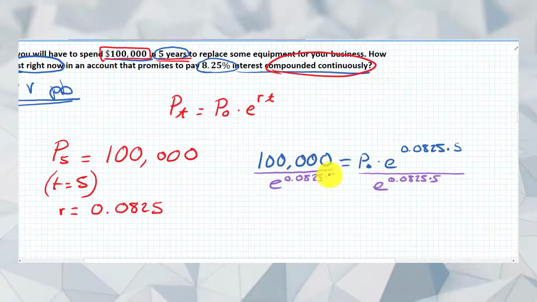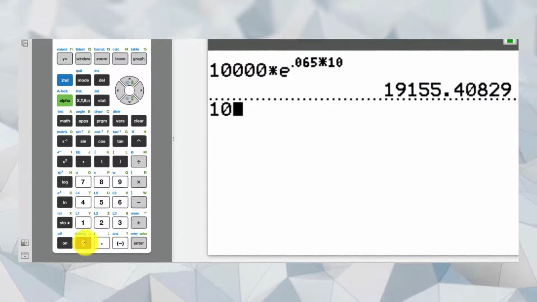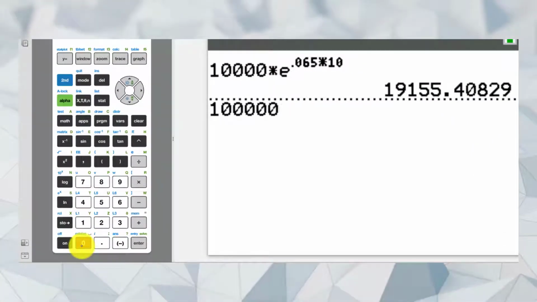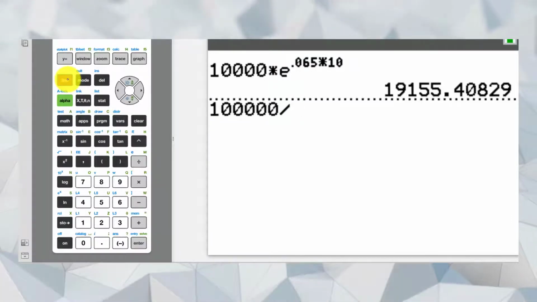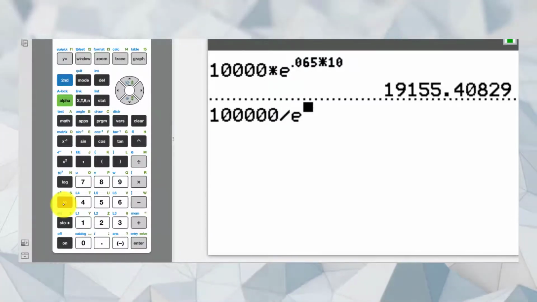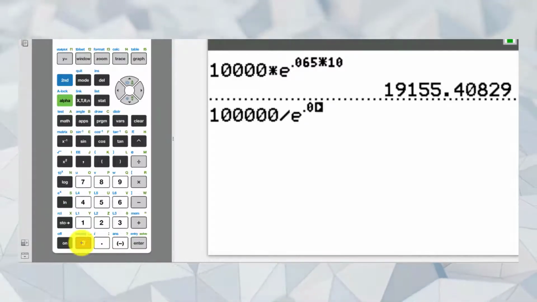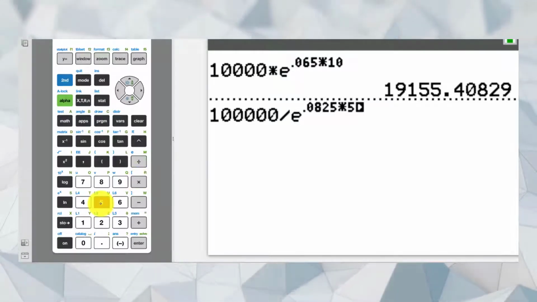Okay, so what is that? Let's do it. $100,000 is what I want to have in 5 years. And I need to divide that by e, so this is second ln, e to the power of the interest rate, 8.25%, so 0.0825. And I want to have this money in 5 years.